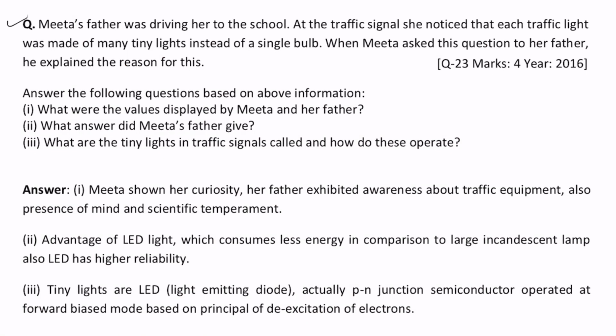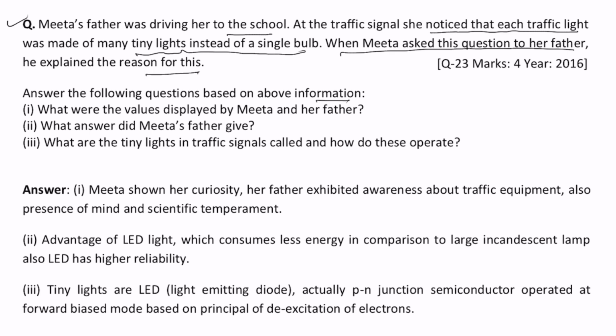Mita's father was driving her to school. At the traffic signal, she noticed that each traffic light was made of many tiny small lights instead of a single bulb. When Mita asked this question to her father, he explained the reason for this. Answer the following questions based on the above information.